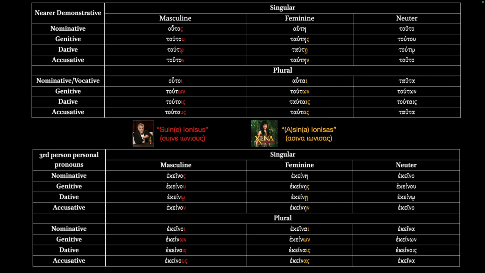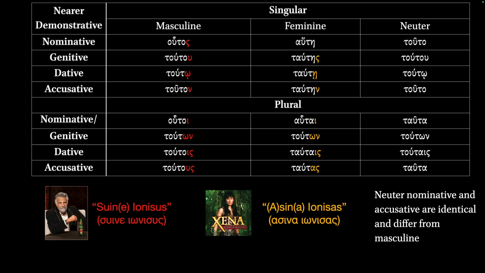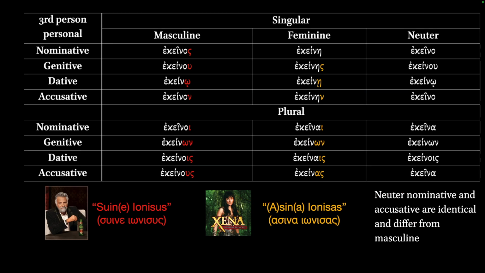So those mnemonics continue to be helpful for us, as does the fact that the neuter, nominative, and accusative are going to be identical to one another here, here, here, and here, and they are going to be different from what we find over in the masculine and also, of course, the feminine. So that rule still also applies here.